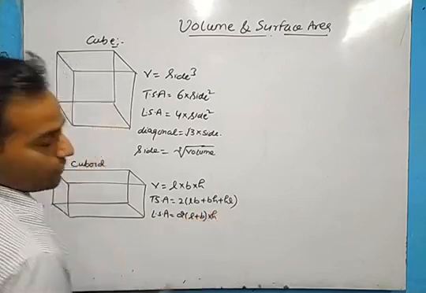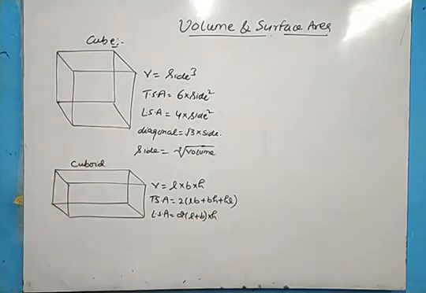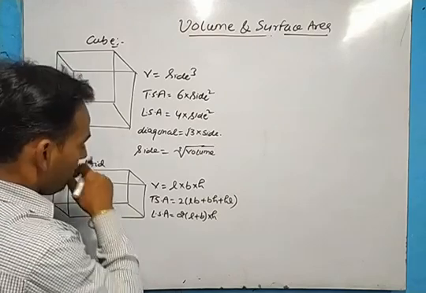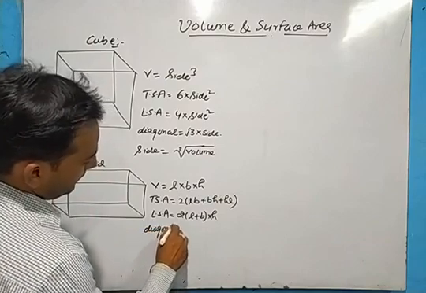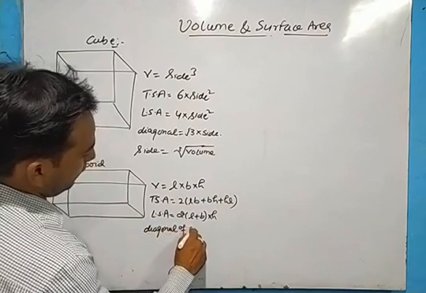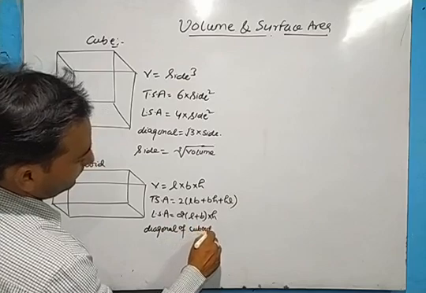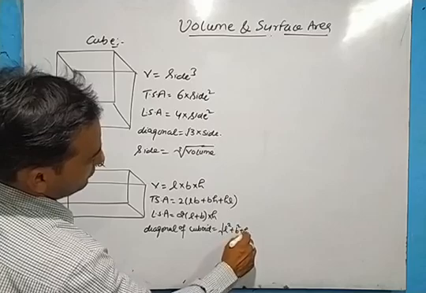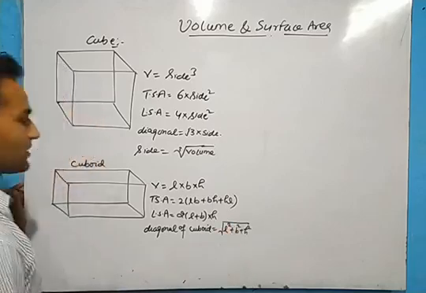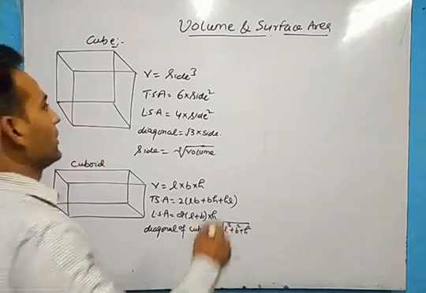We have a very nice observation. First let us write some formulas, then only we will discuss that. Now diagonal of cuboid is under root L square plus B square plus H square. Volume surface area chapter is very easy if you remember the formulas.